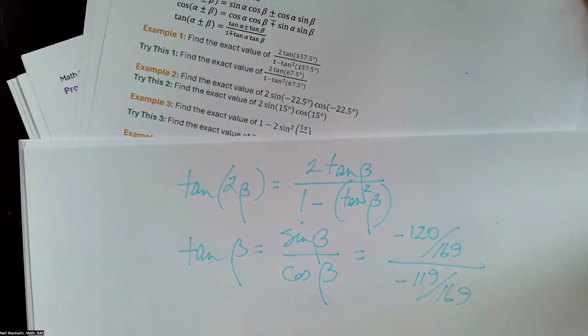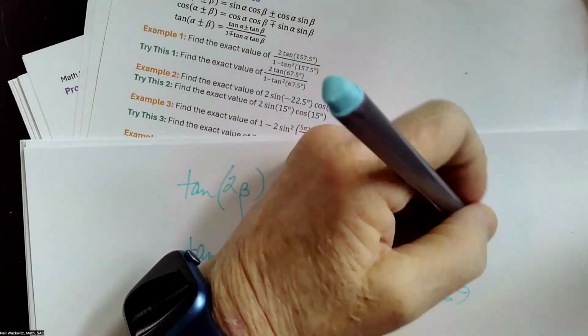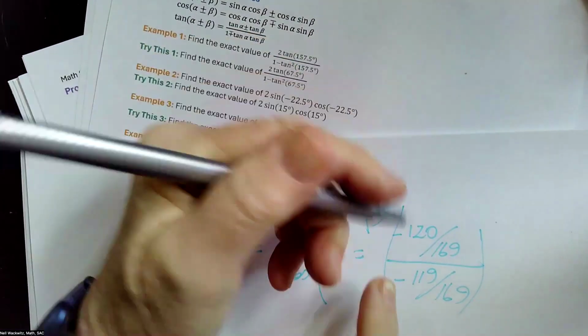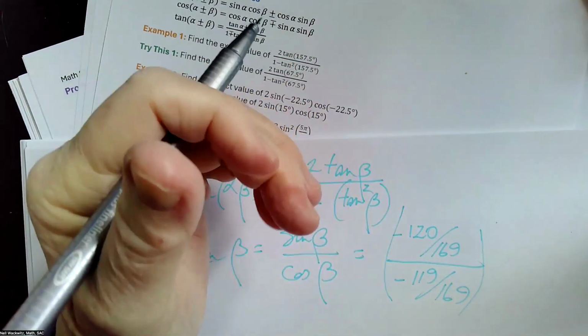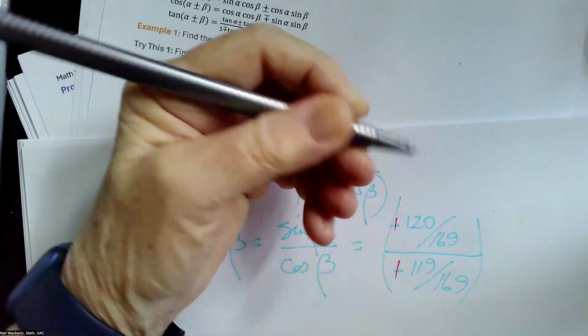What can we multiply numerator and denominator by to get rid of this complex fraction? Yeah, and what about 169 over? Yeah, thanks. So the negatives divide out.